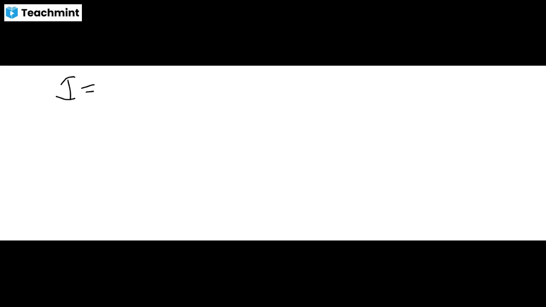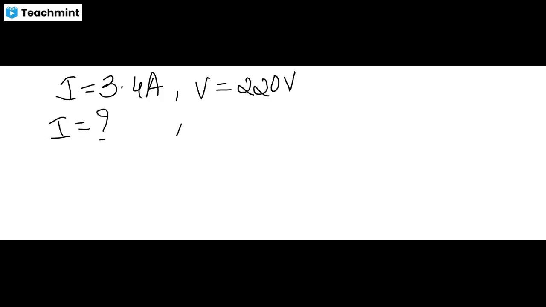Current is given 3.4 amperes. Potential difference is given 220 volt. Then you should calculate what current this electric iron will draw when it is connected to a 110 volt supply line. What will be the current if the potential difference is changed to 110 volt?